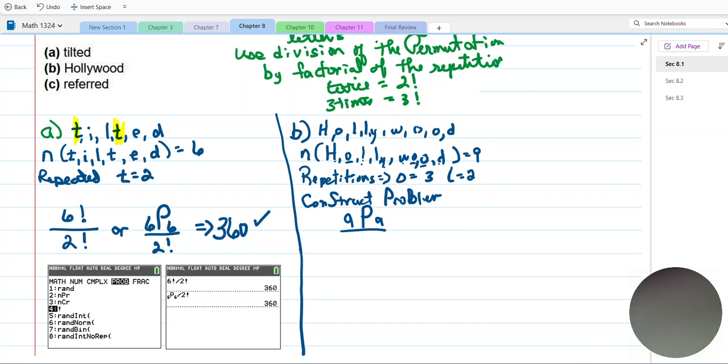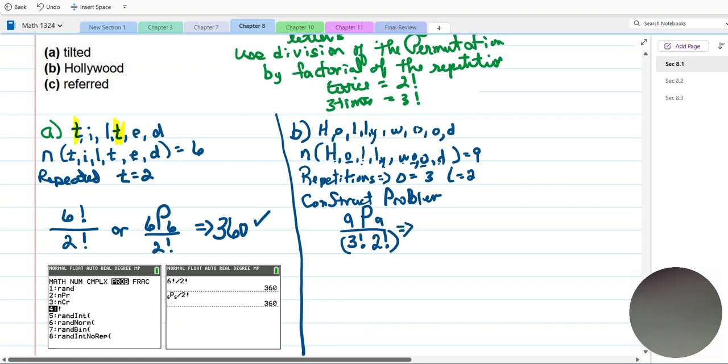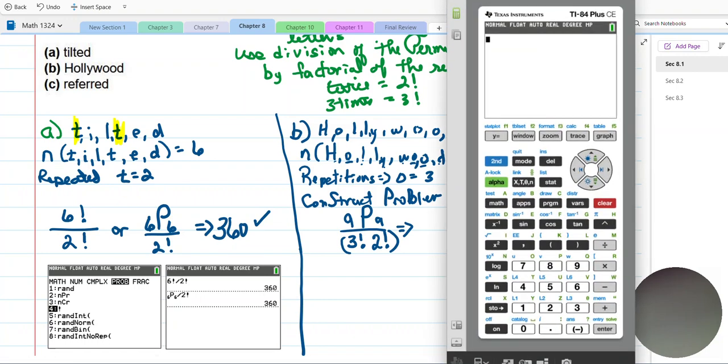Then we're going to divide by, and this is interesting too, we have 3 factorial and 2 factorial. And we're going to do it by calculator. And we're going to put this in parentheses because it is a denominator. So let's talk about that. This could be an interesting problem.